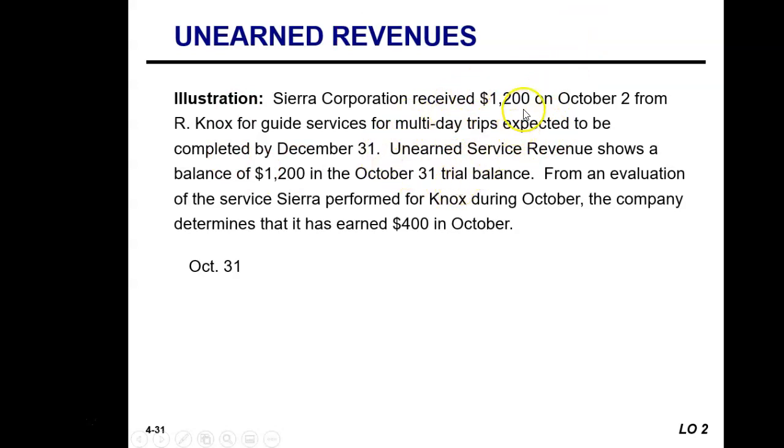Now, the question is, how much of that $1,200 has been earned by the end of October? It says that based on an evaluation, the company determined that $400 of the $1,200 has been earned in the month of October. Now, once it has been earned, it is no longer unearned revenue. It now becomes actual revenue. So on October 31st, we are going to make an adjusting entry.